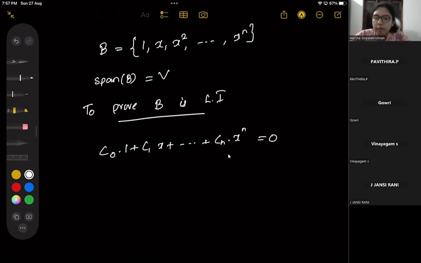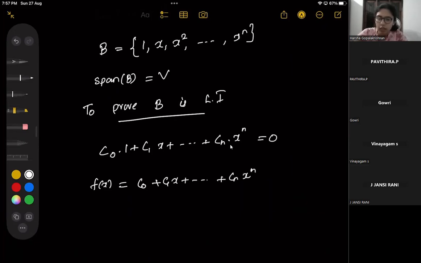By the fundamental theorem of algebra, suppose f of x equals C0 plus C1 x plus etc. plus Cn x to the power n.